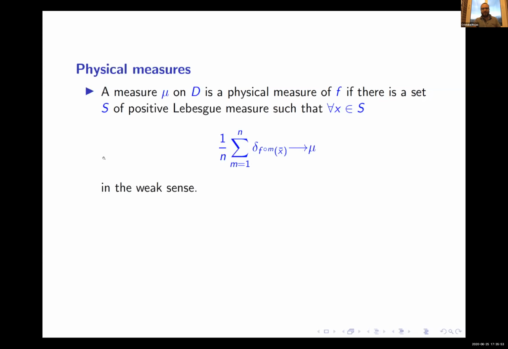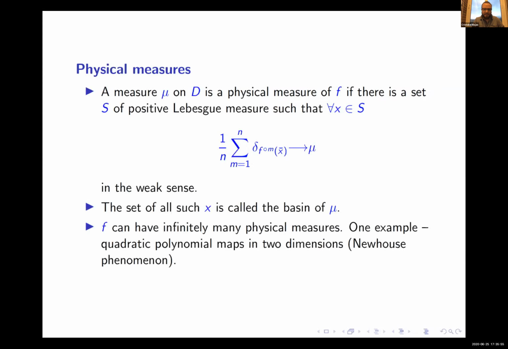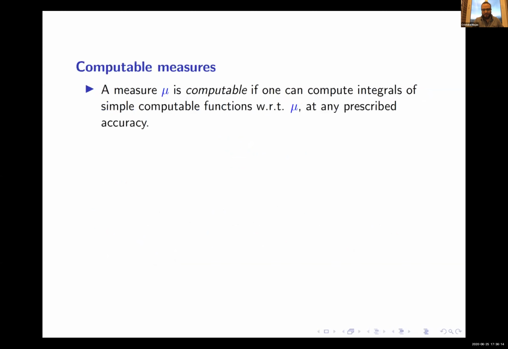And it's known that in general, a system doesn't have to have a physical measure, or it can have infinitely many of them. But we will be interested in the nice case in which the system has a unique physical measure. And what we want to see is whether this physical measure can be computed.